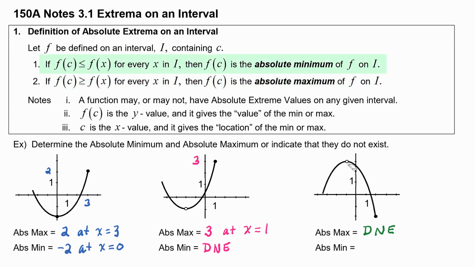Now, it does hit a minimum value here. A y value of -2 is smaller than all the other y values on the entire interval, and that occurs at x equals 2.